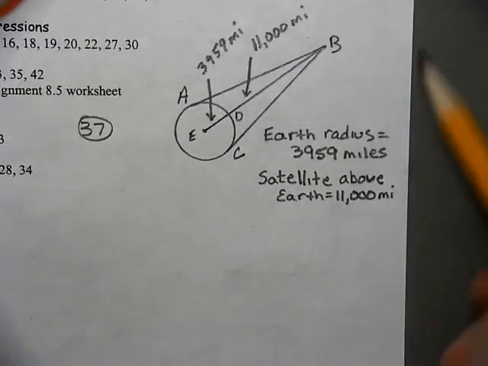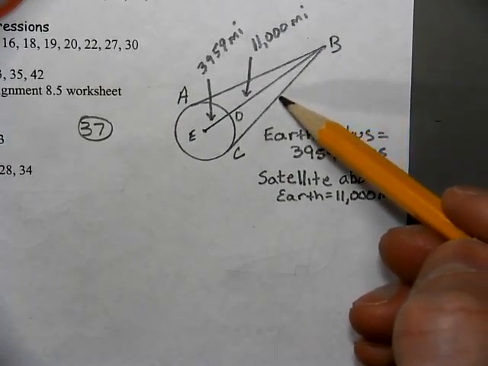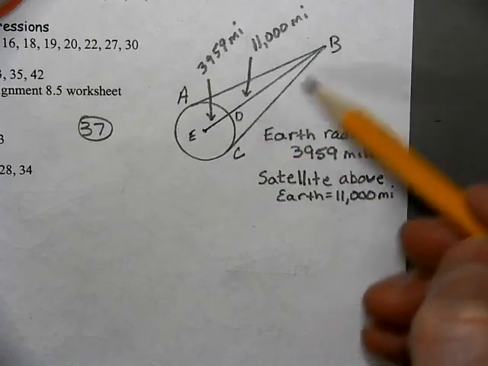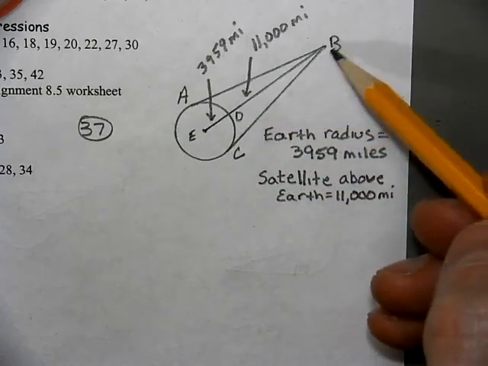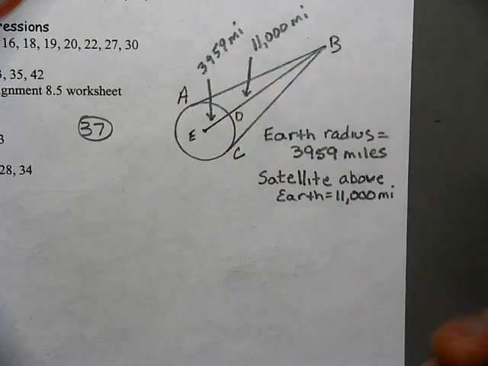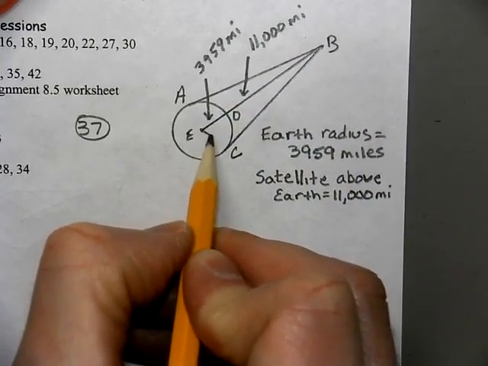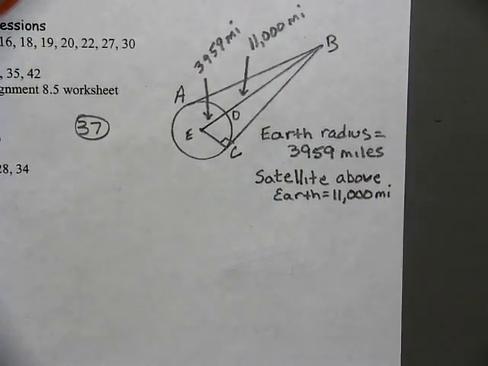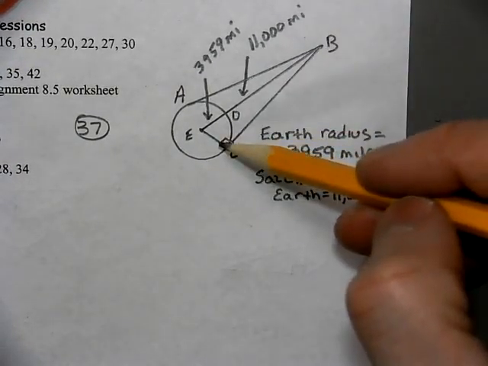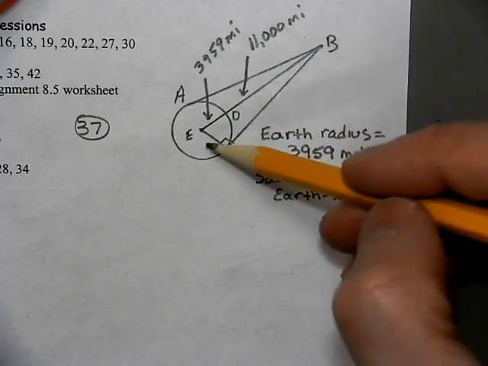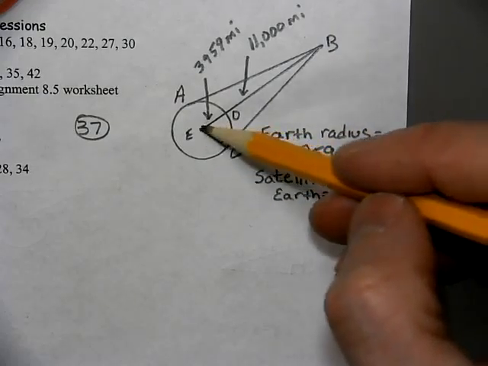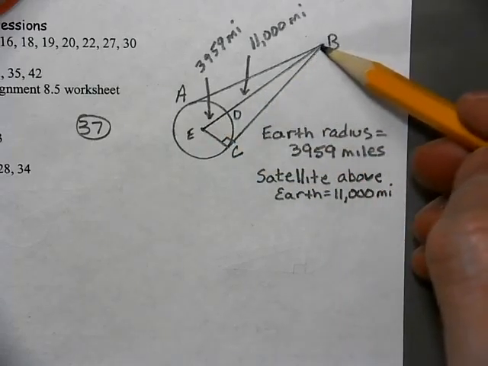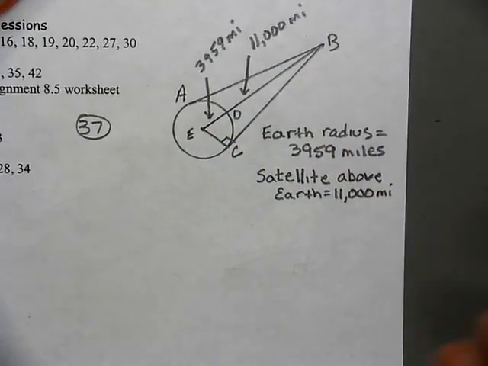Well, it's only going to touch the Earth at exactly one point, so it's tangent. BC and BA are tangents. So we know that tangents are supposed to be perpendicular to the radius. So we have a right triangle. We know the radius. We know the total length from the center out to B, so we're looking for the other leg.